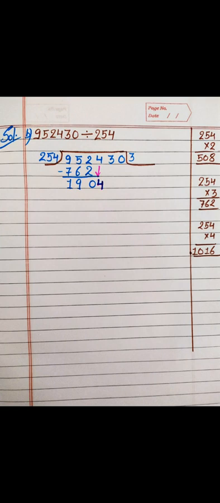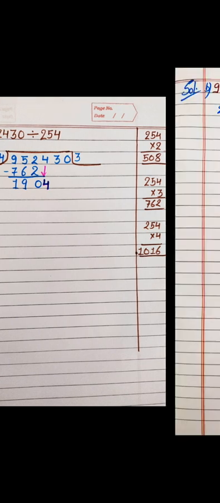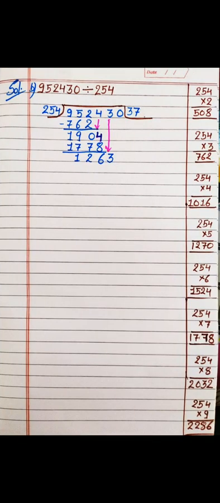After subtraction we get 190, and then we bring down the next number, 4. Now again we write the table: 254 times 5 is 1270, 254 times 6 is 1524, 254 times 7 is 1778, and 254 times 8 is greater, so we will take 254 times 7.